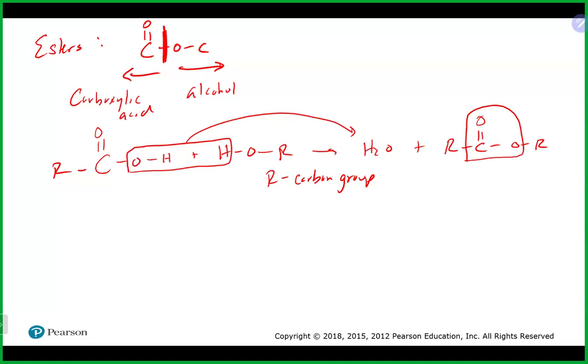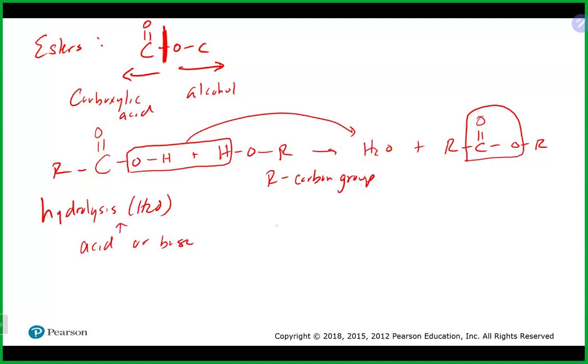We talked about some reactions that it makes, which is hydrolysis reactions that involve esters. And hydrolysis really means water's involved. It can be done as an acid hydrolysis or a base hydrolysis.